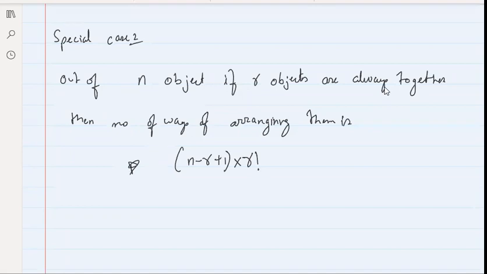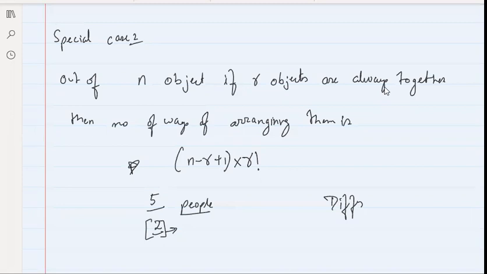For example, suppose you have 5 students who want to go watch different movies, but 2 of them say they will watch the same movie together.